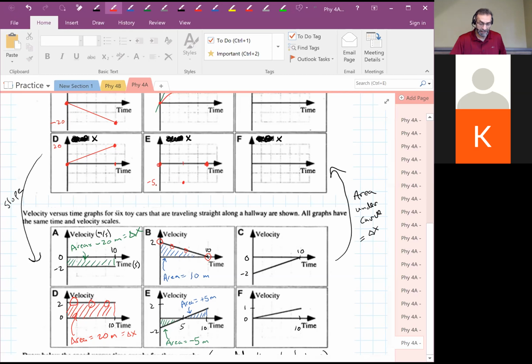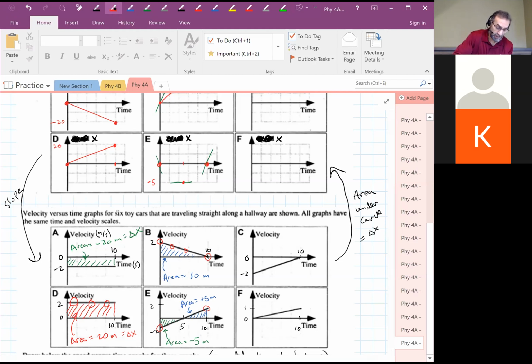So now we have to connect these dots, right? Well, let's look at the slope. The slope of the position versus time curve at t equals 0 has to be -2, a big negative number. Then it gets smaller and smaller, and the slope is 0 at t equals 5 seconds. And then we have a slope of +2 at t equals 10 seconds. So the slope, I'll use green, is a big negative number here, 0 there, and a big positive number there.